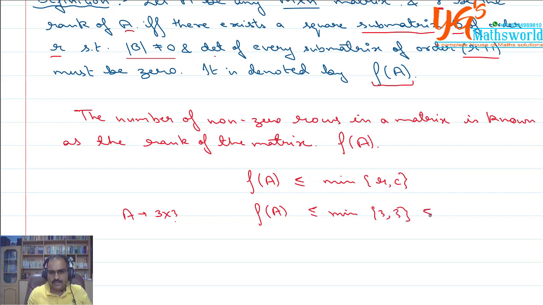That is, rank is either equal to 3 or less than 3. But if I take a rectangular matrix, 3 by 4, in that case rank of A will be at most the minimum of 3 and 4. Now 3 rows, 4 columns, so the minimum is 3. That means we don't consider the value 4. So the rank will be either equal to 3 or less than 3.